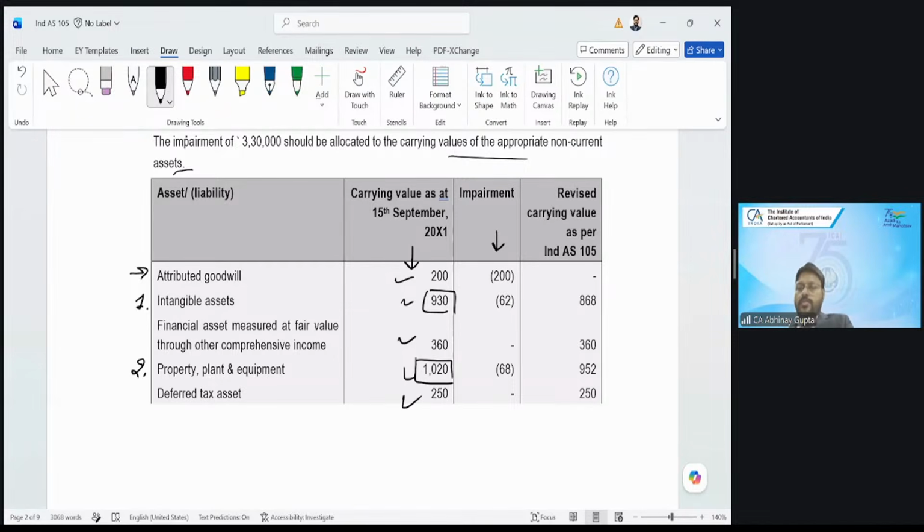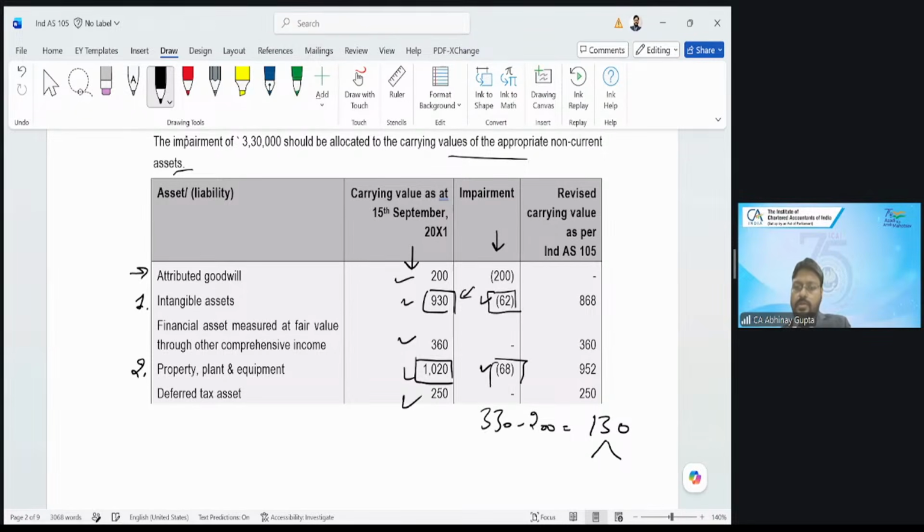So how much remaining? 330 minus 200 is equal to 130. So 130 will be split into 62 and 68 in the ratio of 930 divided by 930 plus 1020, and 1020 divided by 930 plus 1020. This calculation you will be able to perform.